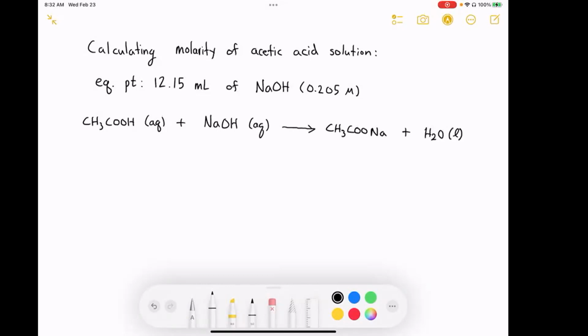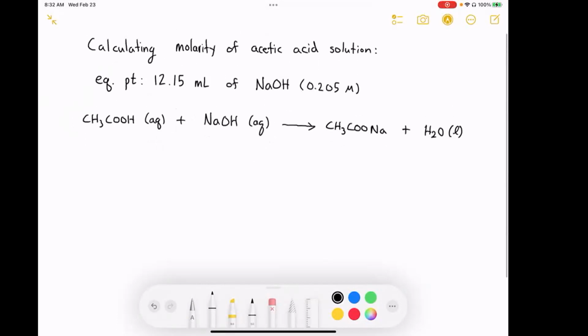So you see right here, we have a 1-to-1 ratio between sodium hydroxide and acetic acid. The equation is already balanced, so there's a 1-to-1 ratio between acetic acid and sodium hydroxide. See, everything's balanced, so we're all fine and dandy here.